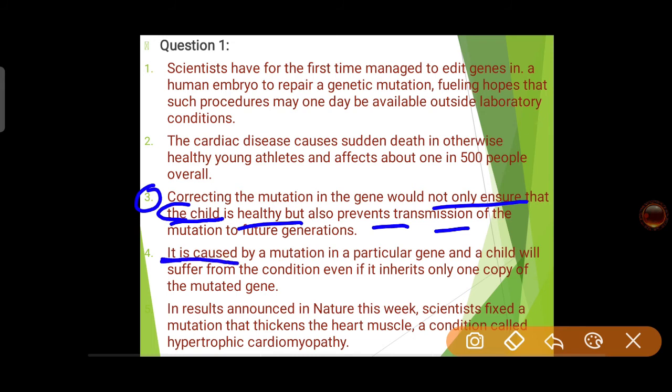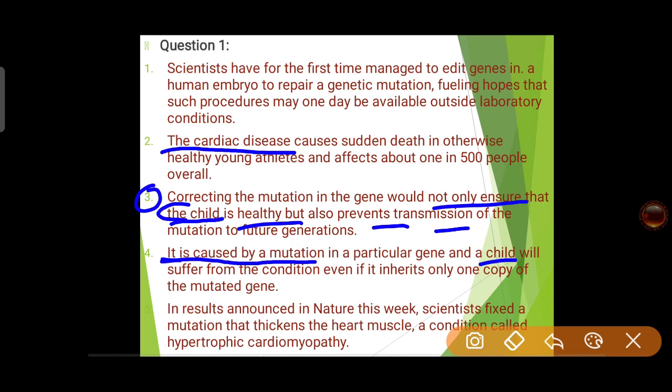What is caused by a mutation? So most probably we can say the cardiac disease is caused by a mutation in a particular gene, and a child will suffer from the condition even if it inherits only one copy of that mutated gene. Here we found a child, means this is the introduction of that child.